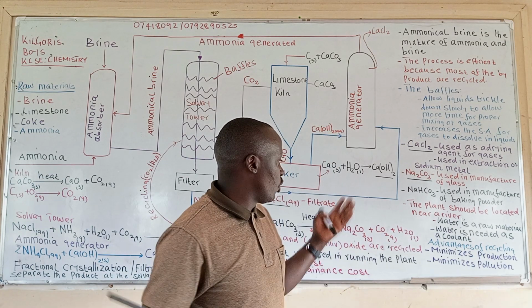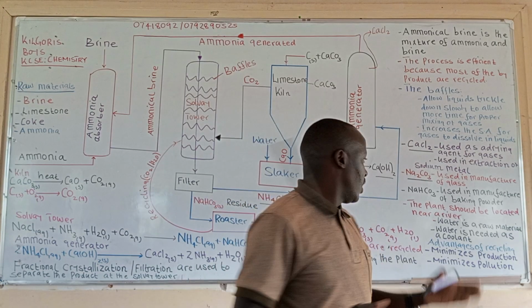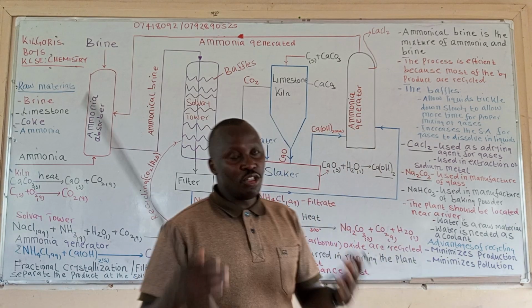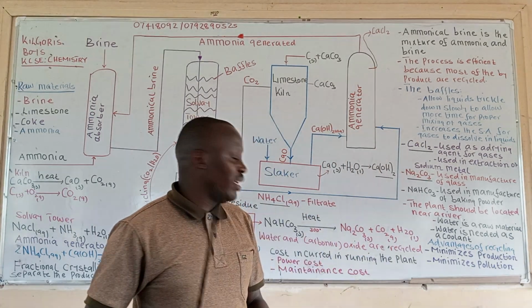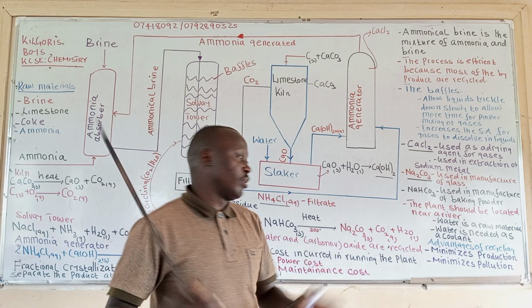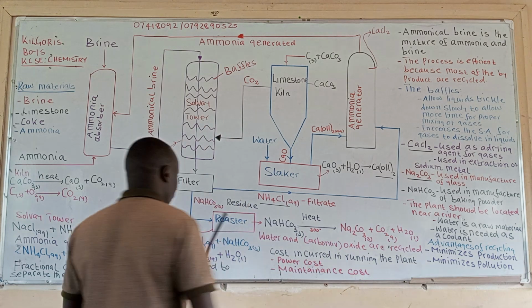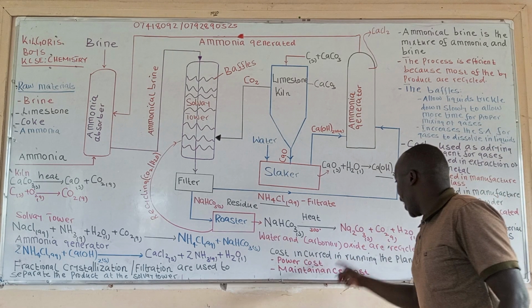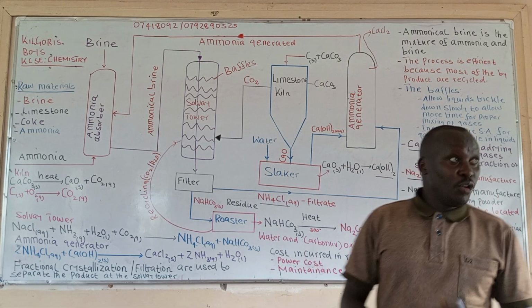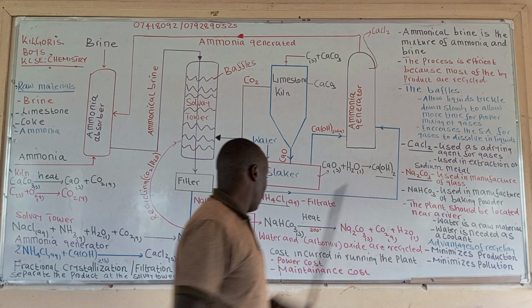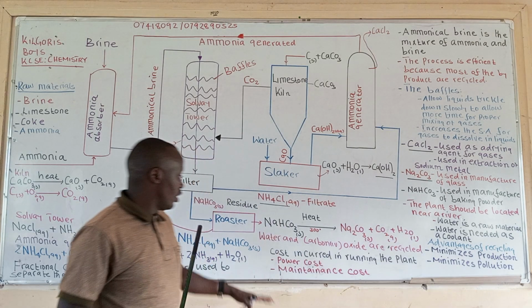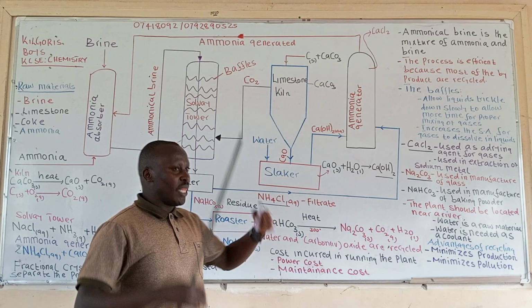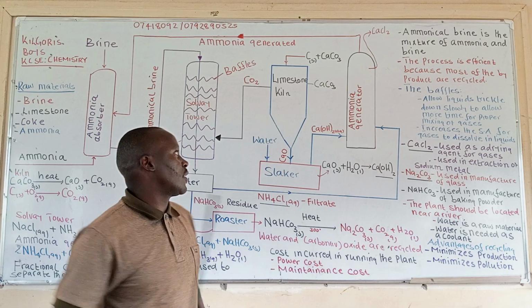It minimizes the production cost, and you can also say that it minimizes pollution. Now, you can also be required to give the costs incurred in running the plant. There are normally two: the power cost, or you can also talk of the maintenance costs.